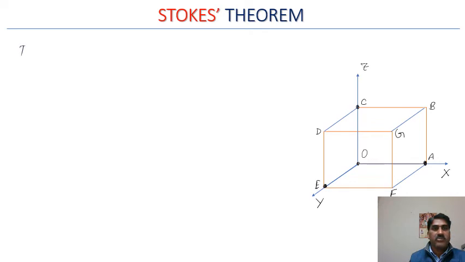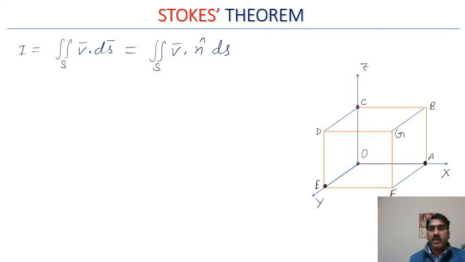So I was the integral over S of V dot dS, and that means the integral over S of V dot n cap dS. Now we will evaluate this on individual surfaces. So first start with the surface OEFA.